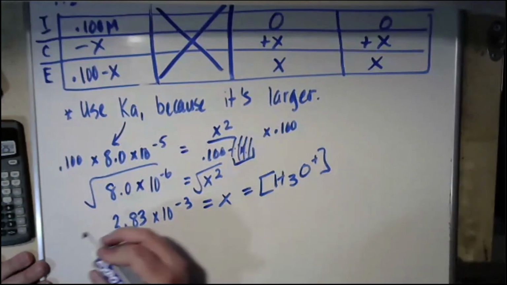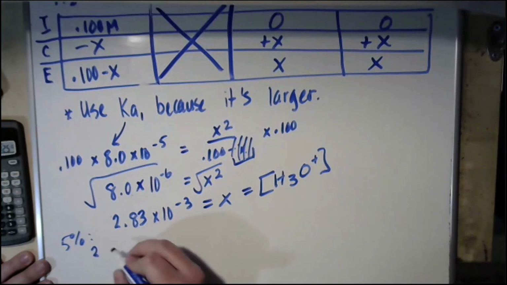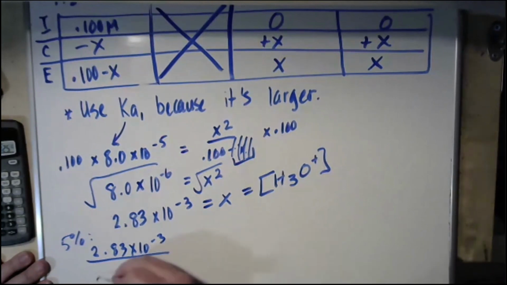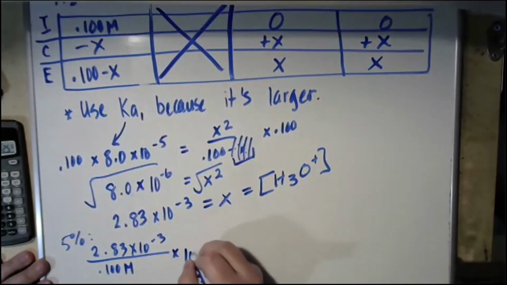So we'll do our 5% calculation. That's going to be 2.83 times 10 to the negative 3, divided by our initial concentration of 0.1 molar, which we get from over here, multiplied by 100.